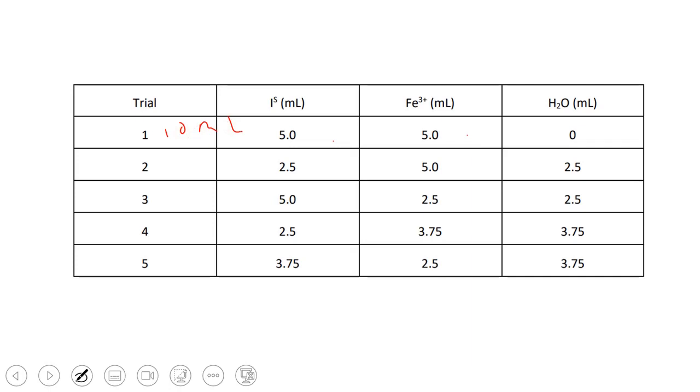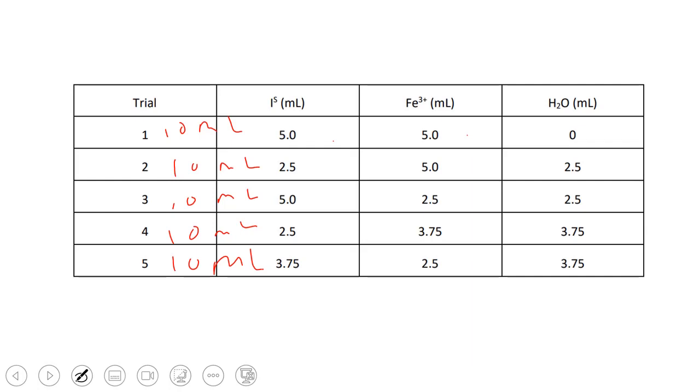In the second one, 2.5 milliliters of iodide plus 5 milliliters of iron plus 2.5 milliliters of water again gives us 10 milliliters. If you go through these, you can add them up yourself to verify; 3.75 times 2 plus the 2.5 again gives us 10 milliliters. So we're always going to be diluting to 10 milliliters.